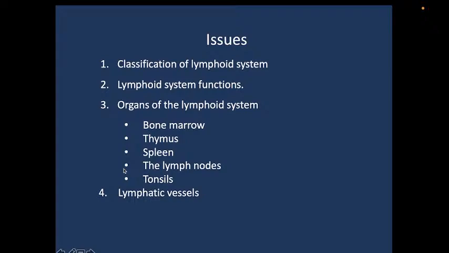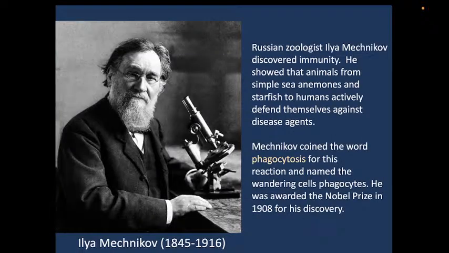These are today's issues, and we start as usual with the classification and common questions, but then we will talk about separate organs of the immune system and lymphatic vessels as well.